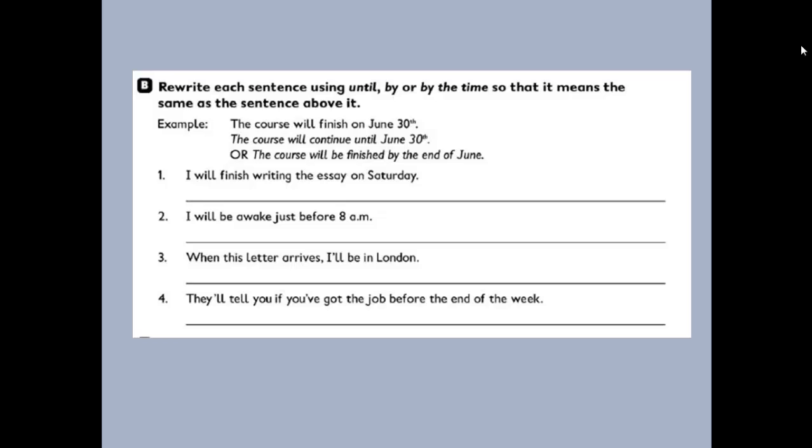Number 4. They will tell you if you have got the job before the end of the week. It becomes, they will tell you if you have got the job by the end of the week. By the end of the week.